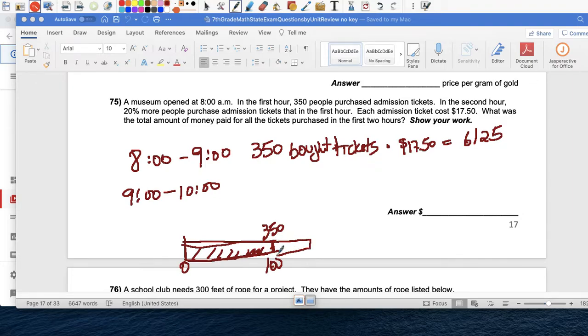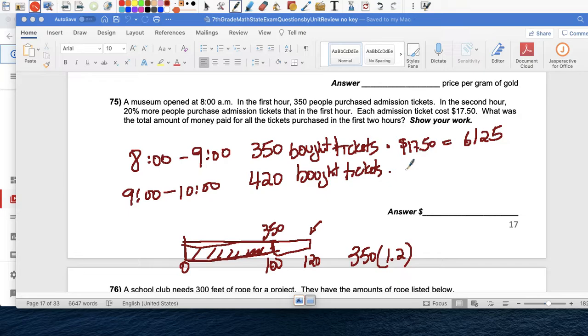So let's add 20%, which is going to take that 100 to 120%. So to figure out this number right here, we're going to do 350 times 1.2. So 350 times 1.2 gives us 420. So from 9 to 10, 420 people bought tickets. Right? It was 20% more than the first hour.